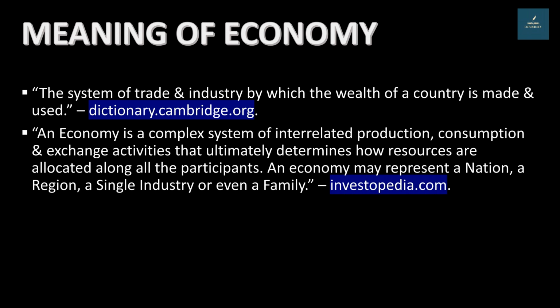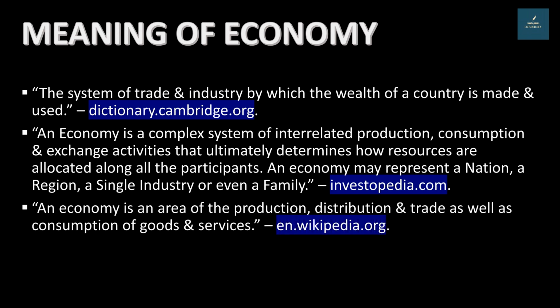Second, an economy is a complex system of interrelated production, consumption, and exchange activities that ultimately determines how resources are allocated among the participants. An economy may represent a nation, a region, a single industry, or even a family.